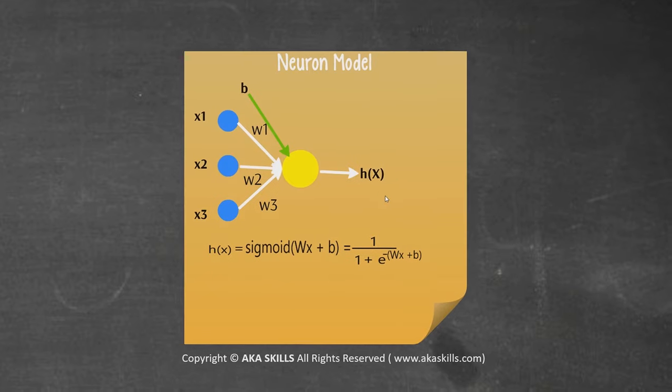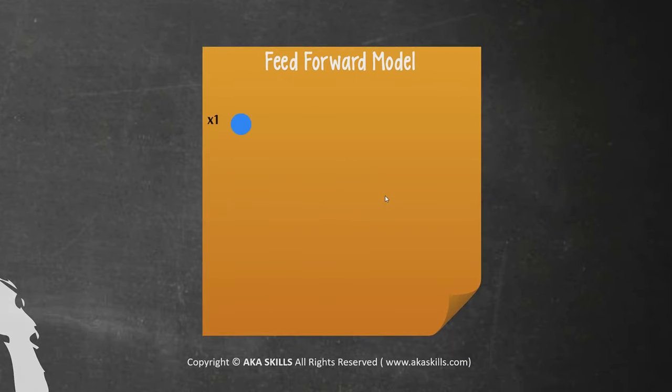So this is only one neuron. Let's see a set of neurons. We have our inputs, and imagine we have three different cells, as we saw in the biological model of our real brain neurons.